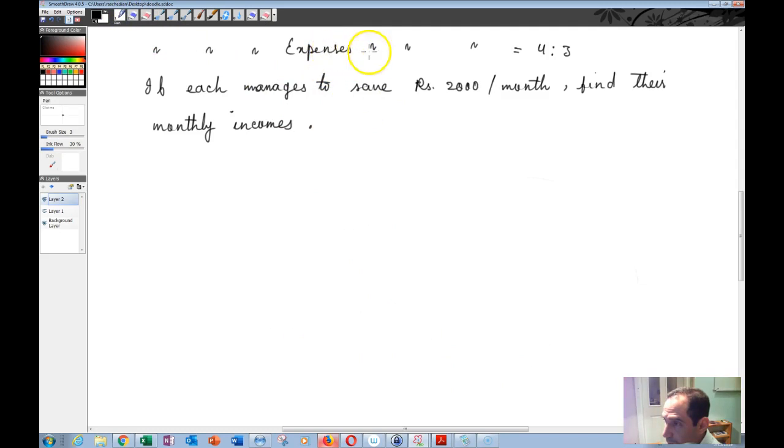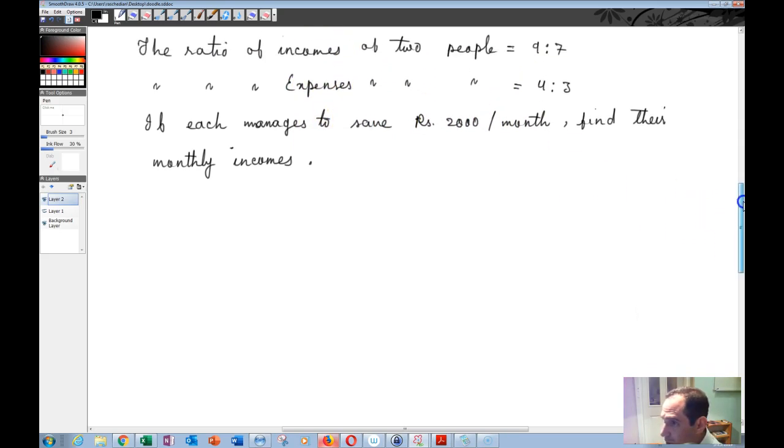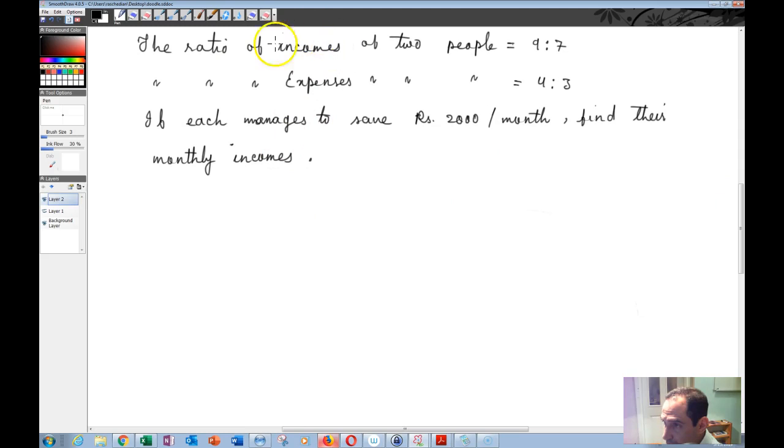I know the way income and expense work. Your income minus your expenses is going to be equal to your saving, meaning that your saving is equal to how much income you have minus your expenses.